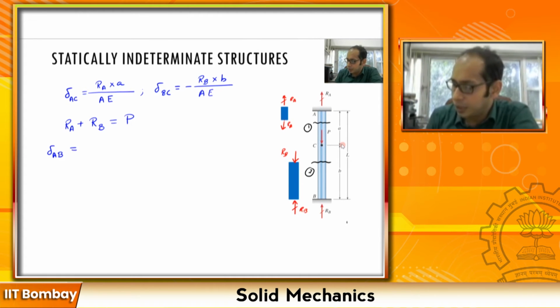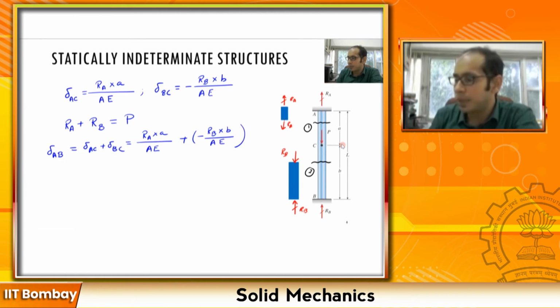Delta AB is nothing but delta AC plus delta BC, which is equal to RA times A divided by AE, plus minus RB times B divided by AE again, right?